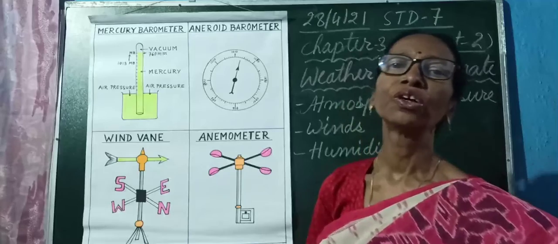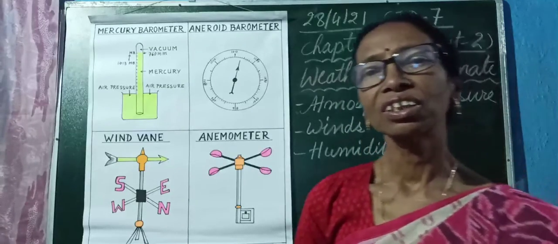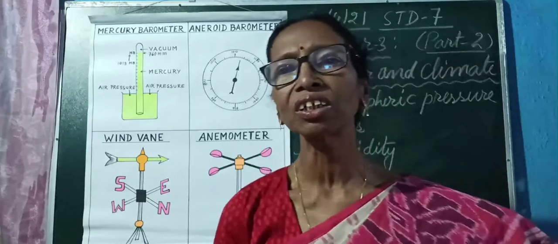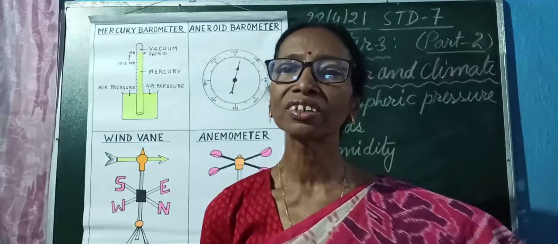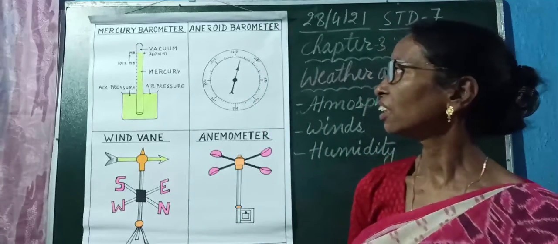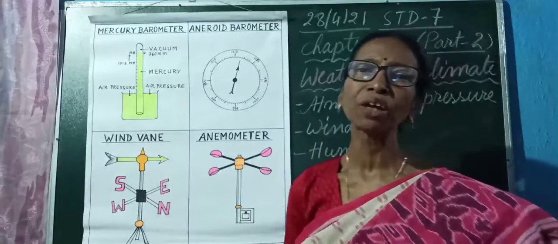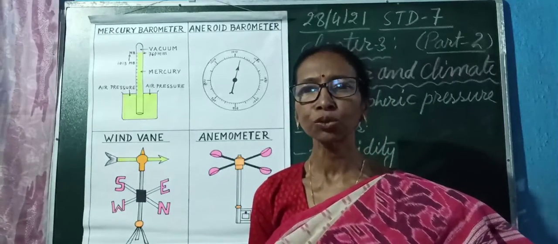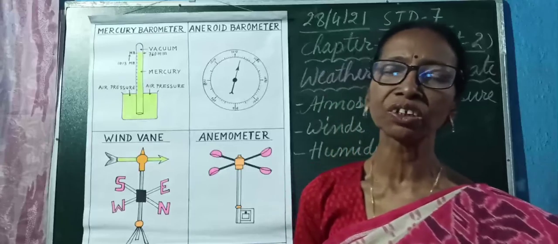So when there is higher than 1013 millibar atmospheric pressure, that shows there is high atmospheric pressure. When there is less than 1013 millibar atmospheric pressure, that shows low atmospheric pressure.